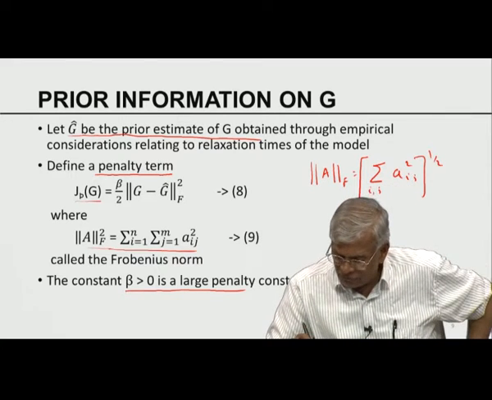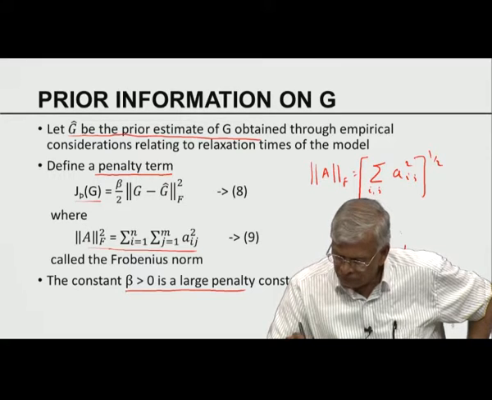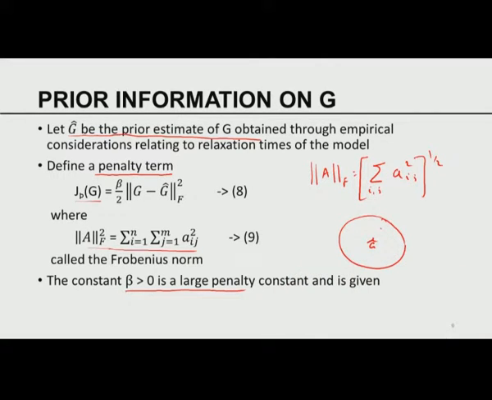In other words, I have G hat here. Do I want my G to be in a sphere of radius dictated by the value of beta? If beta is small, you have more freedom for G. If beta is very large and the norm is large, it will not come to a minimum.